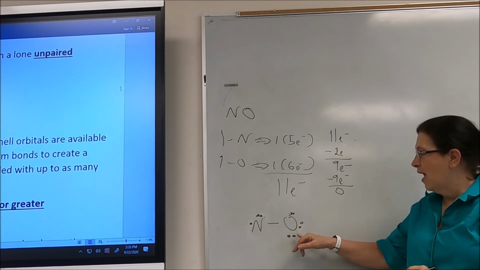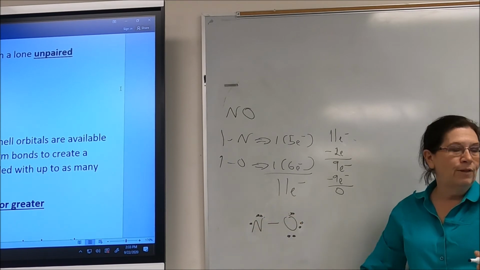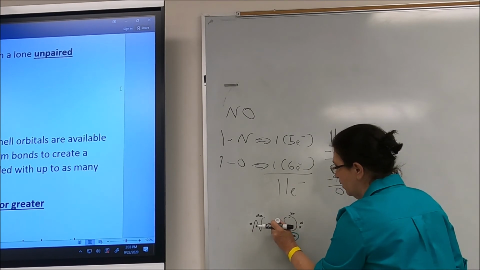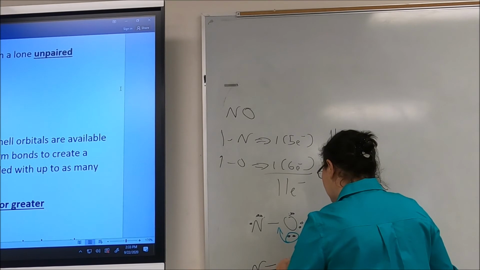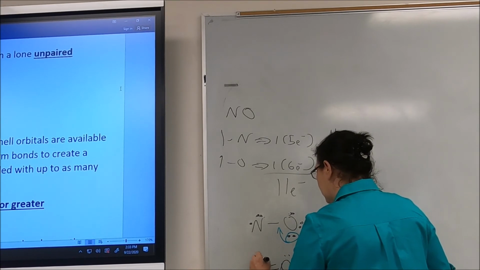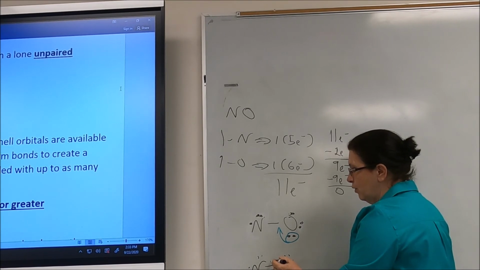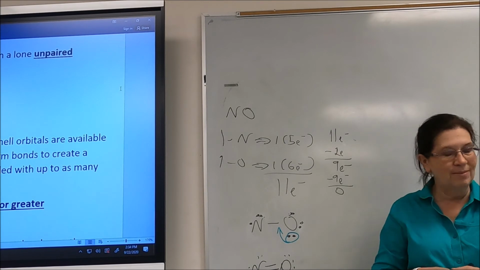Now, oxygen's fine, 2, 4, 6, 8 here. Nitrogen sees 2, 4, 5. I can make things better by making a double bond. And then I get this. 2, 4, 6, 8 for oxygen, 2, 4, 6, 7 for the nitrogen, and that's as good as it gets.